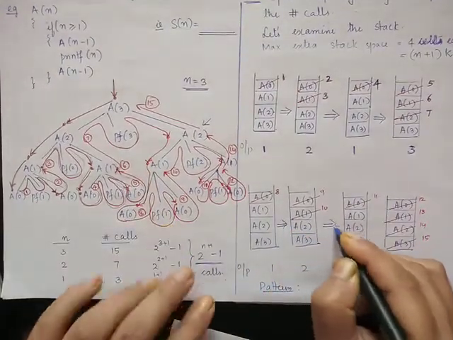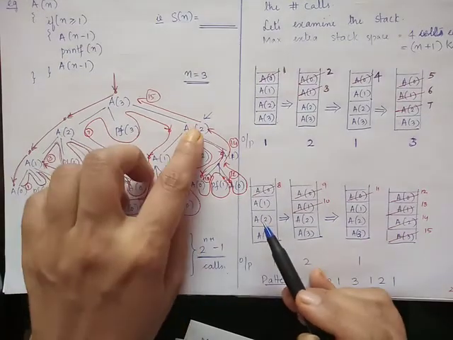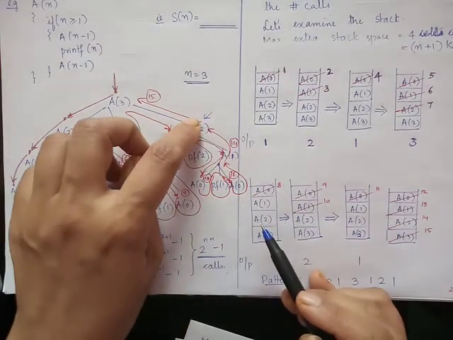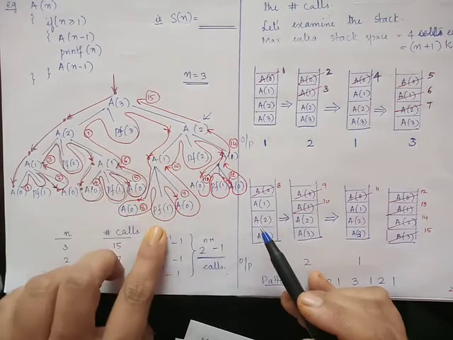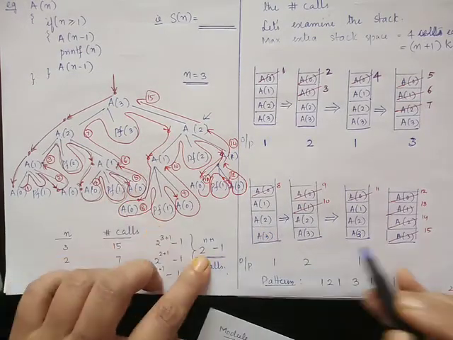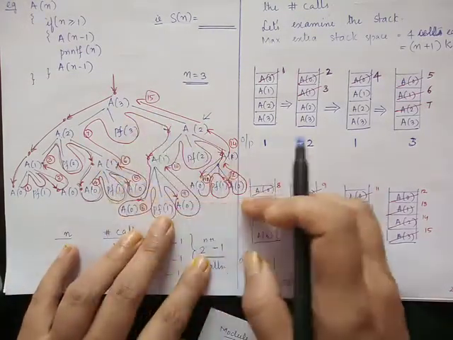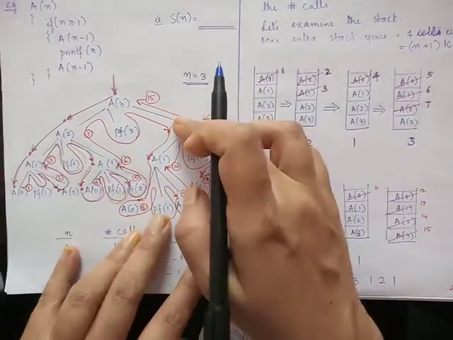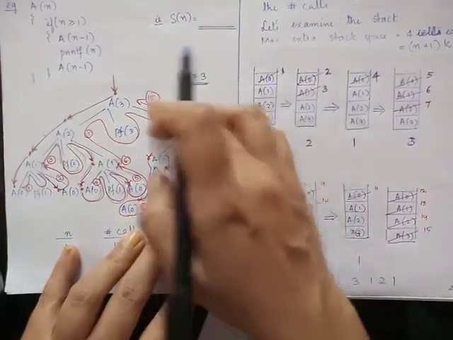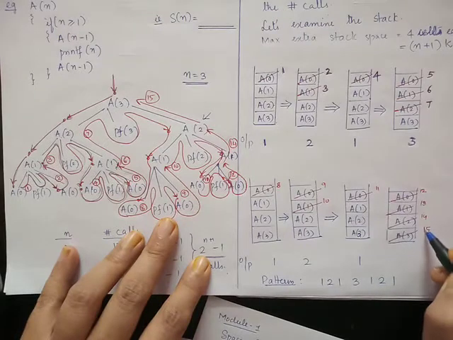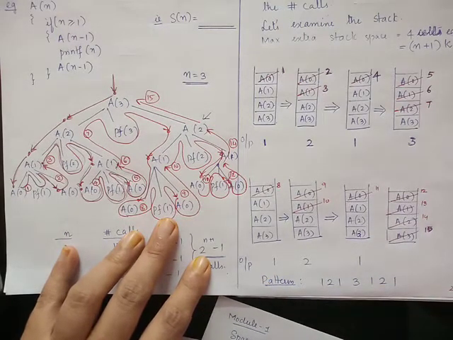For visiting A of 2, we will again explore all the subtrees. So in effect, once we are done with the complete traversal, 15 pop operations have been completed, and the following pattern will be printed.